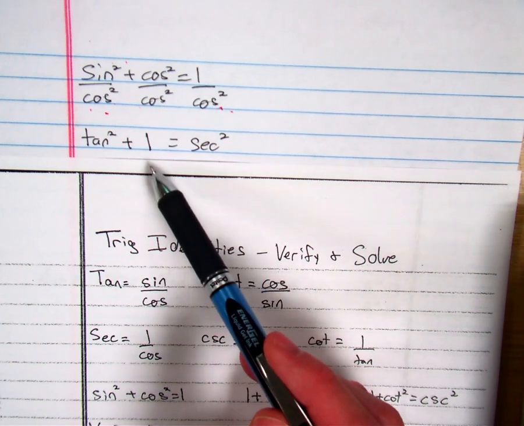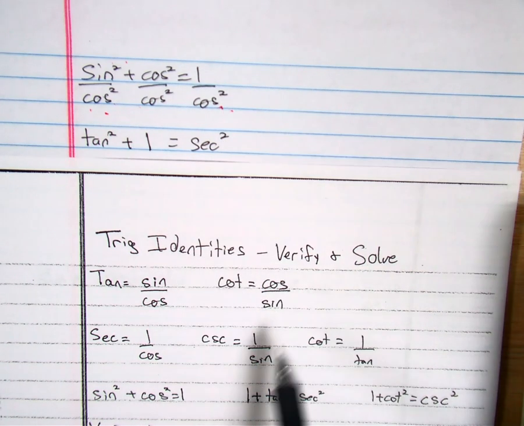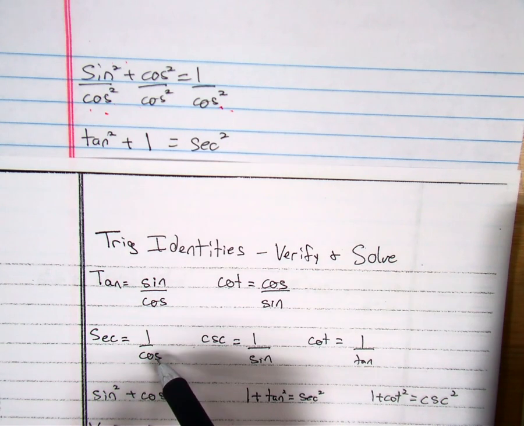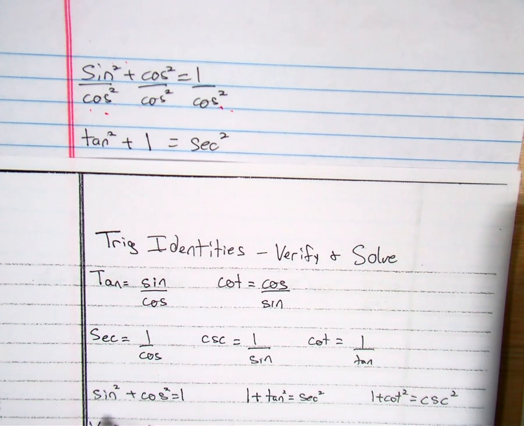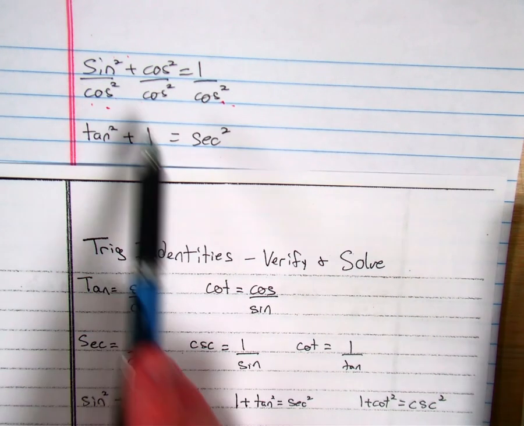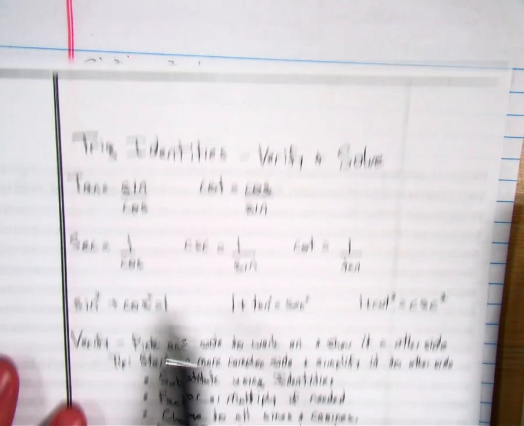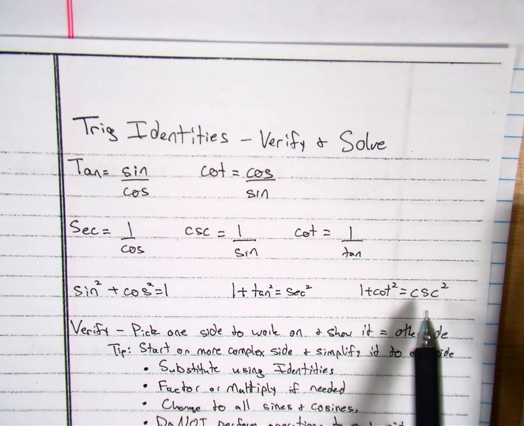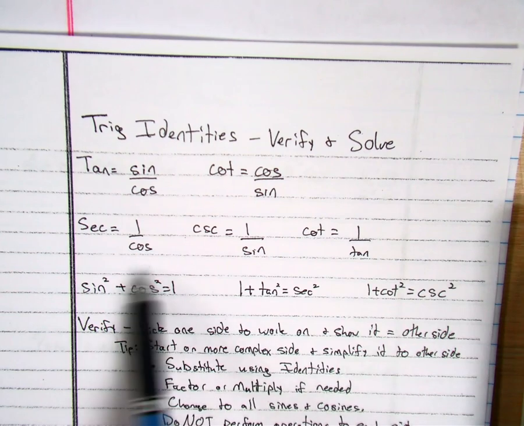Cosine over cosine is 1. 1 over cosine is secant, so 1 over cosine squared is secant squared. And that is how we get the next one. If I divided everything by sine squared instead, we would get this one. So they're all the same thing coming out of this.